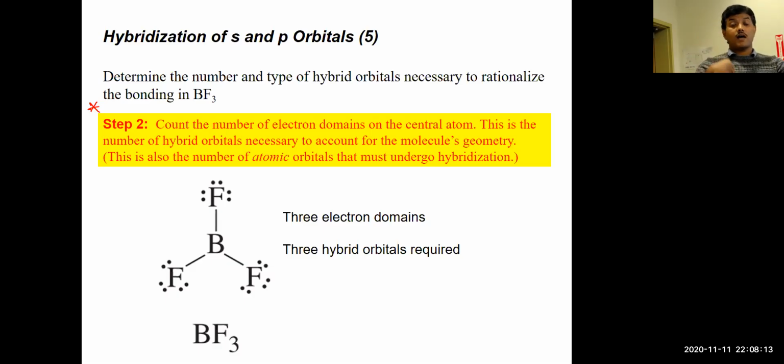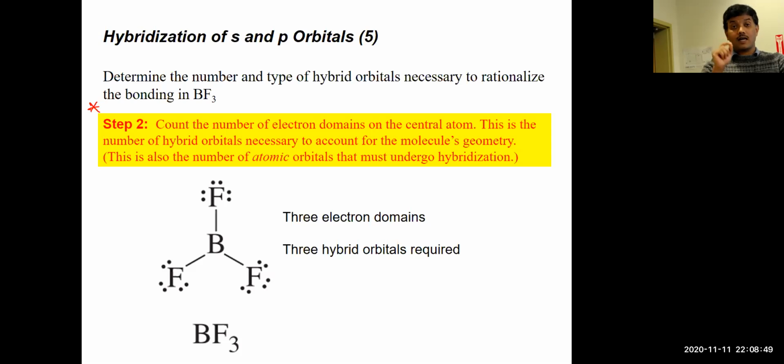The number of hybrid orbitals required is always extracted from the Lewis structure of a molecule. So if the Lewis structure tells you that you need 3 electron domains, you only create 3 hybrid orbitals. You do not create more than 3. Again, I'm going to repeat this multiple times because this is important. Draw the Lewis structure, and identify how many electron domains are around the central atom, because that information will tell you how many hybrid orbitals should be around the central atom.